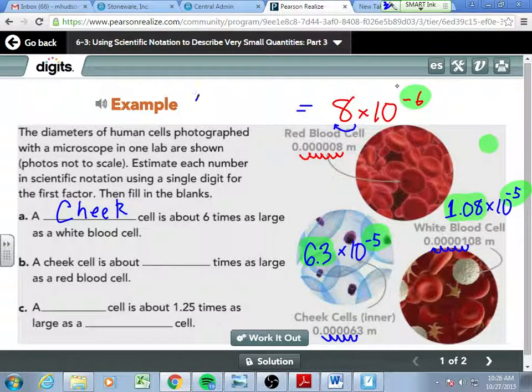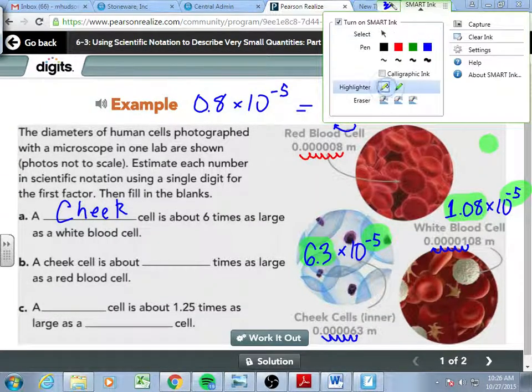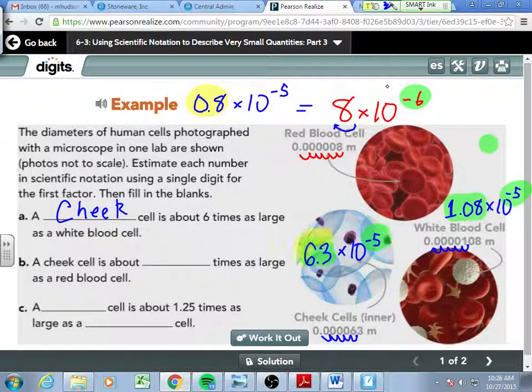So then it would be 0.8 times 10 to the negative 5th. This is not proper scientific notation, but I can compare the numbers now. Now that they have the same powers, I can just compare the base, 0.8 compared to 6.3.